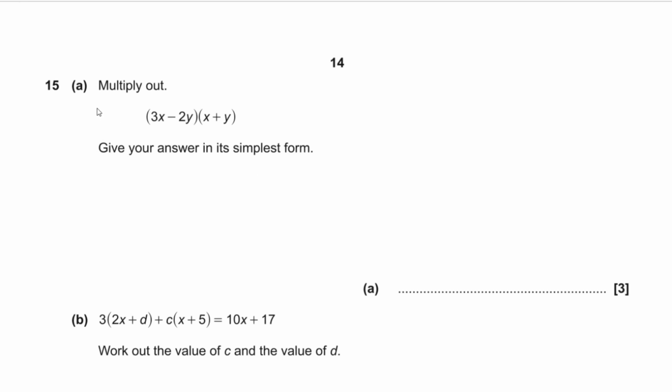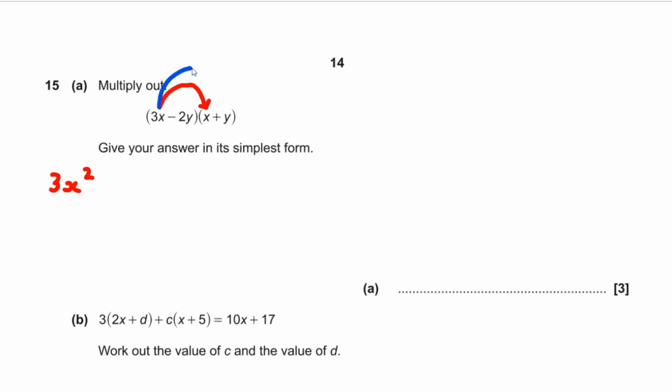Question 15, part A, multiply out 3x subtract 2y by x plus y, give your answer in simplest form. Well, I've got 3x times by x, which is 3x squared.